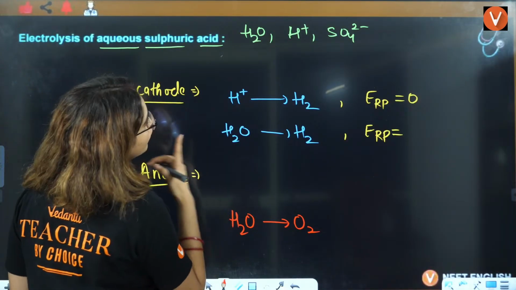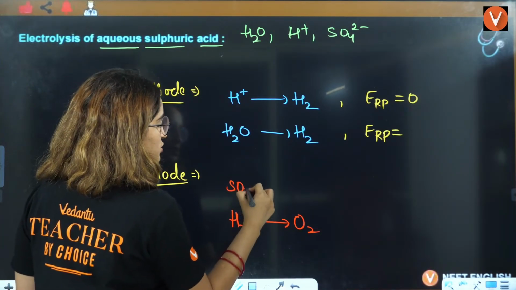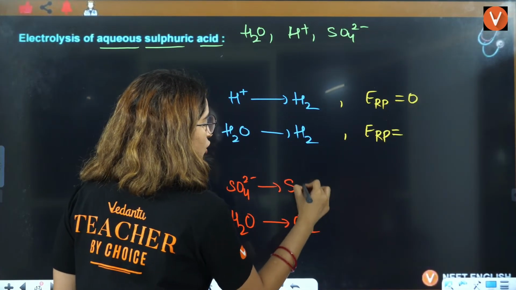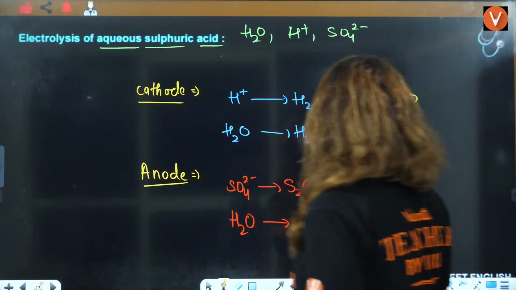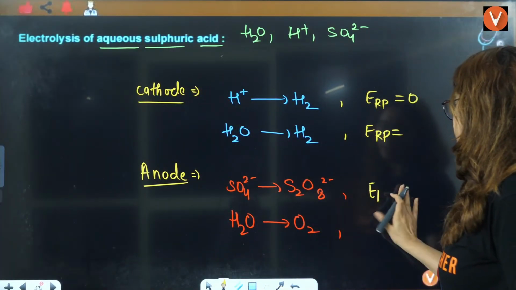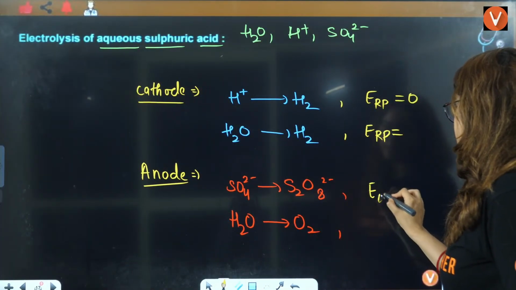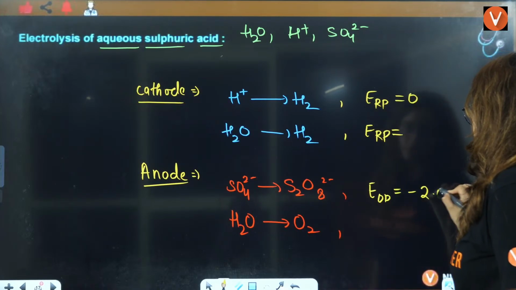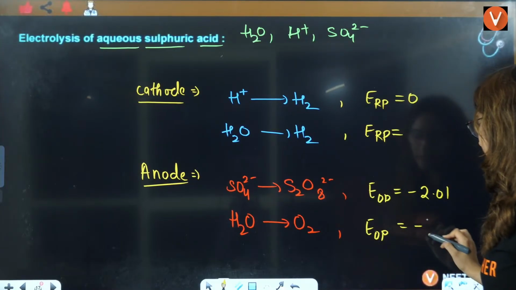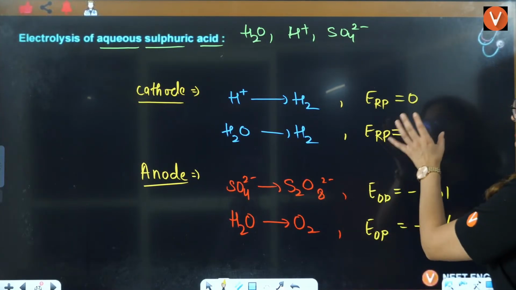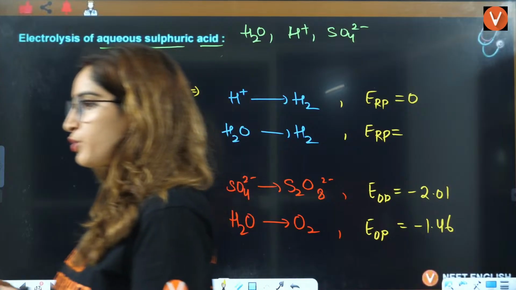So at anode, do you have anything else? Yes, we have SO4 2 negative to S2O8 2 negative. This I'll write. Here the oxidation potential is minus 0.021. This is minus 1.46. Now just tell me about H2O to H2.